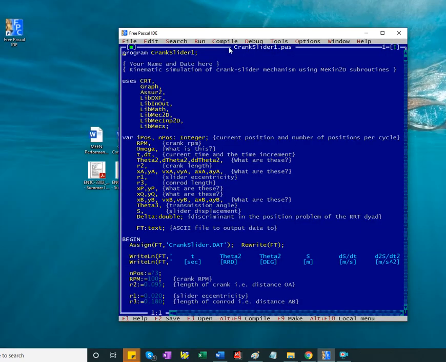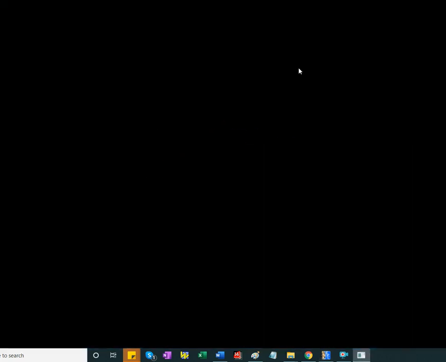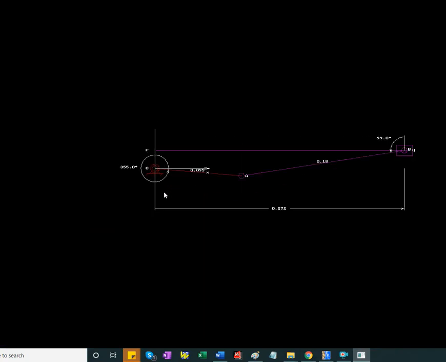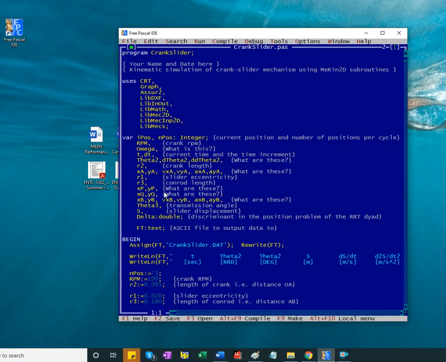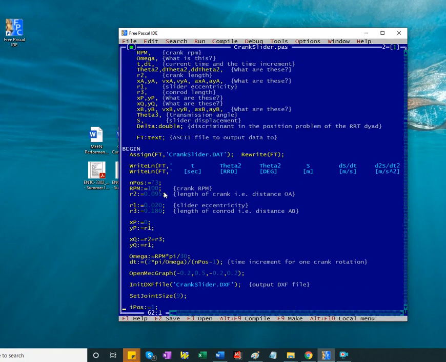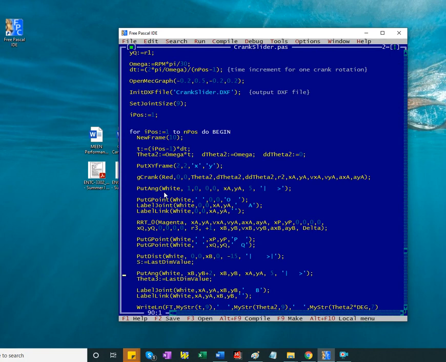So I hit the escape key, and go to the other one, the slider moving in the horizontal direction. You have to calculate, by the way, the angles for the limit positions using a right angle triangle.